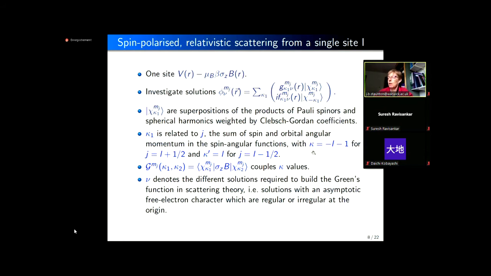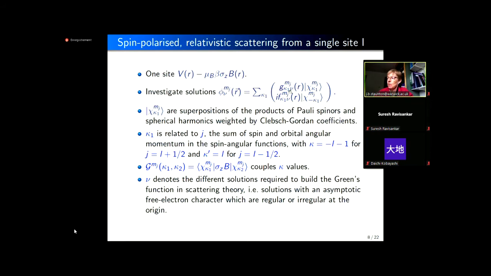With this kappa labeling, the one with L plus 1/2 goes alongside a kappa with a value minus L minus 1, and then for the total angular momentum L minus 1/2, that picks up a kappa value of L. So if we're thinking about d electrons with L equals 2, we would have 2 kappa values, minus 3 and 2. So that's how the 2 things will be labelled.